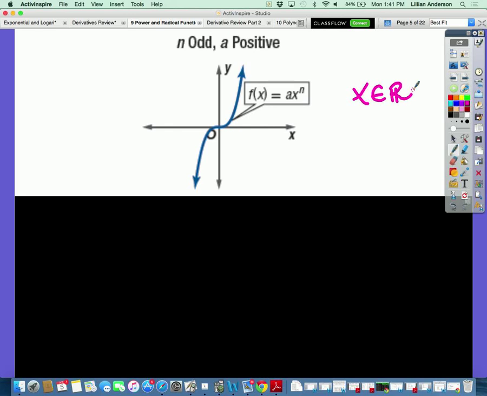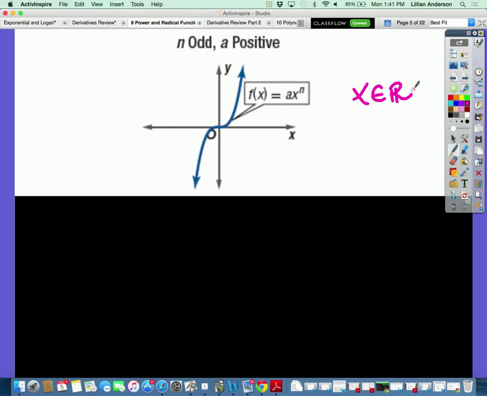And what about extrema? What does extrema mean? Maxes and mins, okay? Does this have a max or a min? No, it does not. So what are you going to put down for extrema? There's none. There is no extrema with odd power functions. Is this decreasing anywhere?